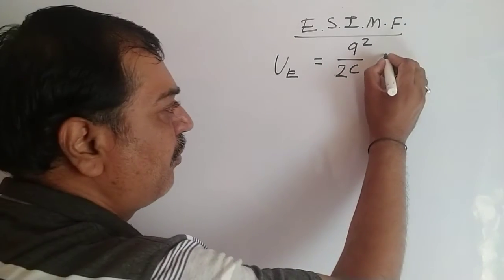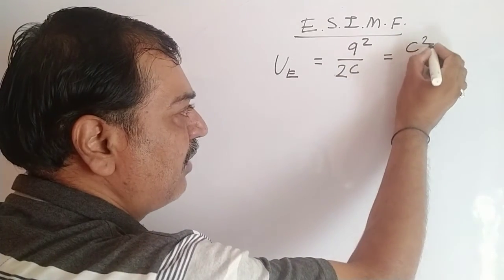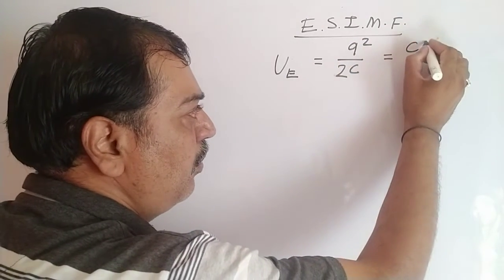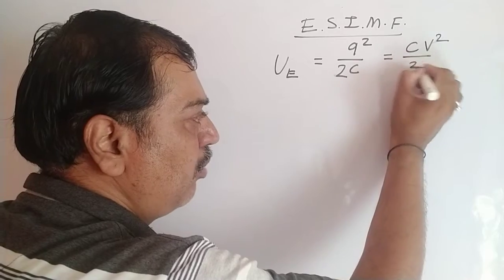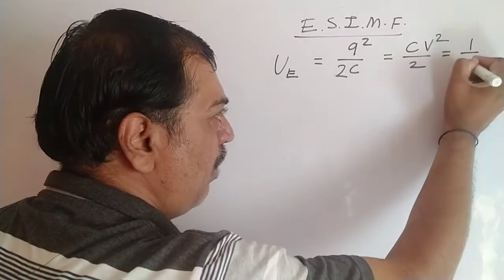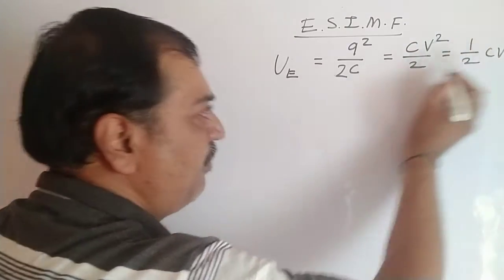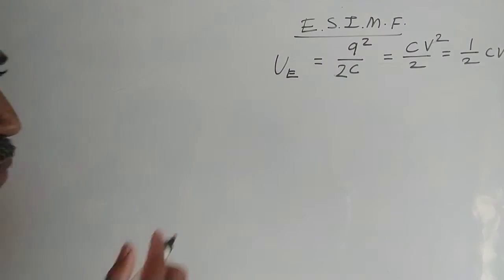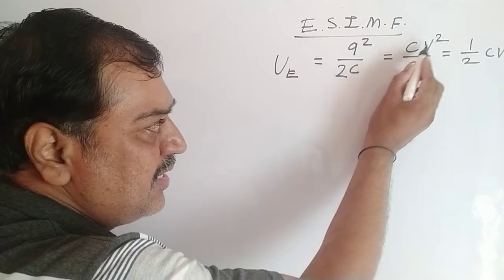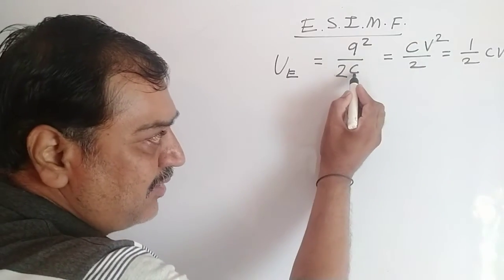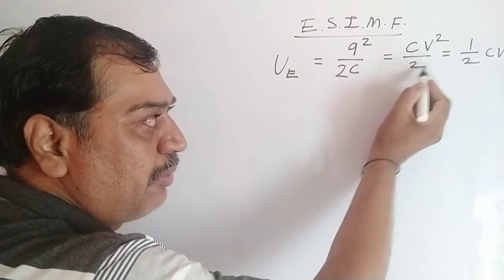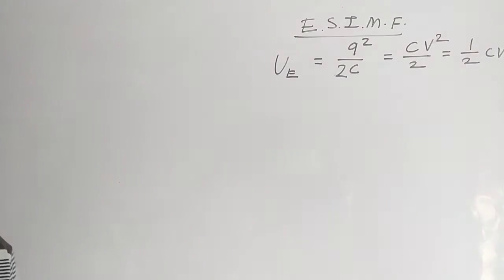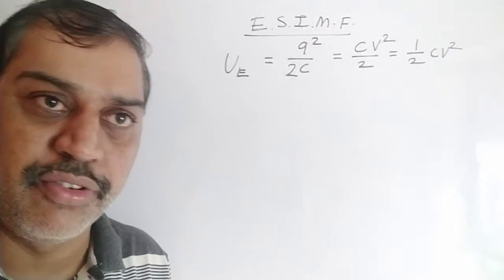If you solve it further, putting Q equal to C into V, we get C square V square divided by 2C, one C cancels with the denominator, so CV square by 2, which is said to be 1 by 2 CV square.